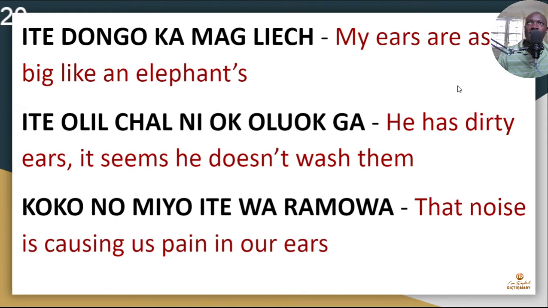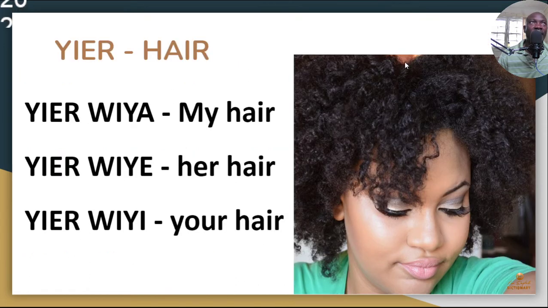Good. So the next part of the body is hair or YIER. YIER. Hair. So what does hair mean? In a sentence you can say yier wiya.